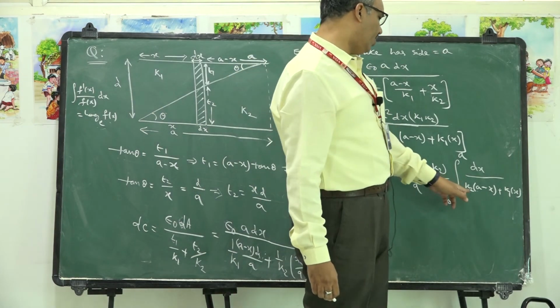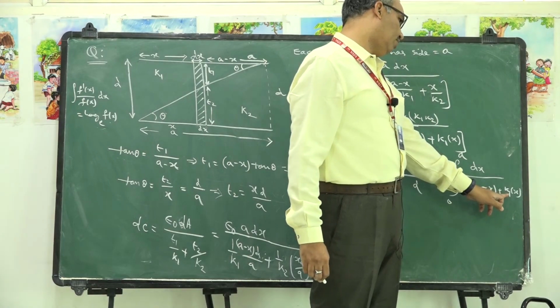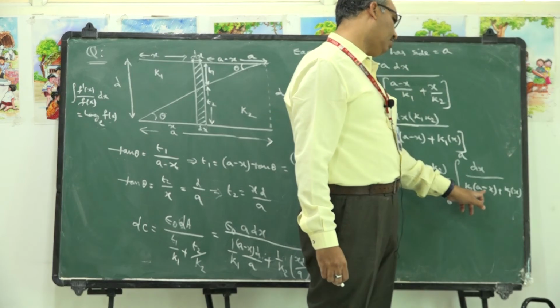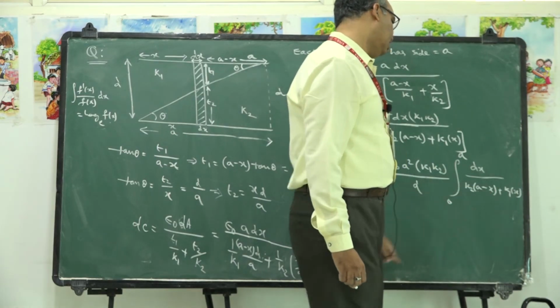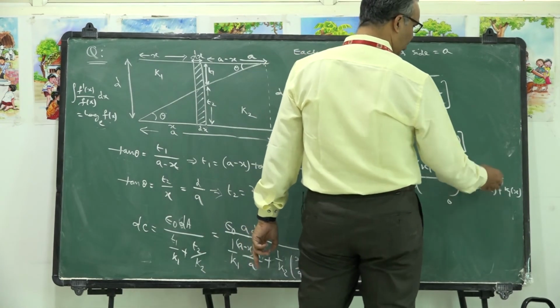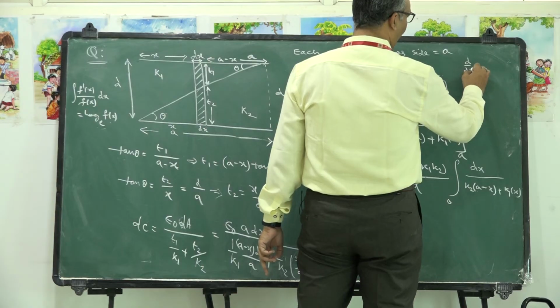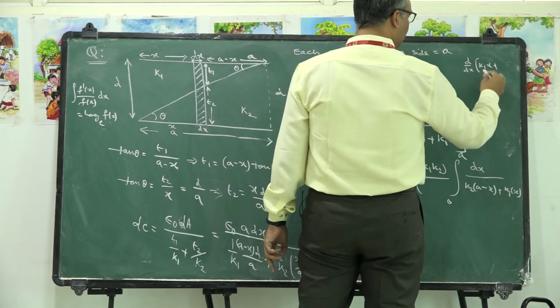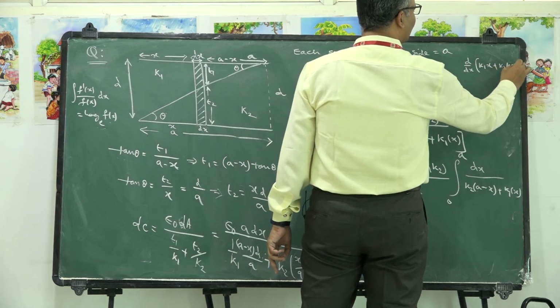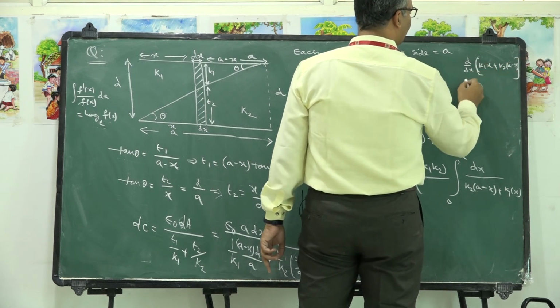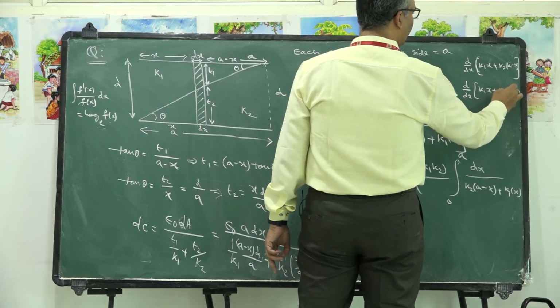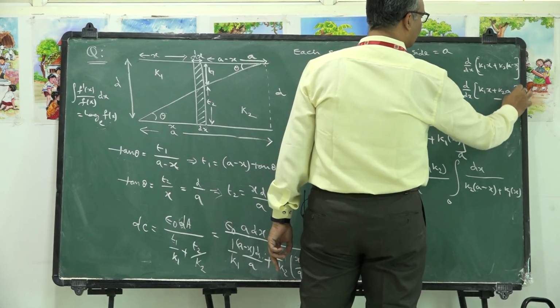If you find the derivative for this, for K1x the derivative is K1; for K2 into (A minus x), if you do the differentiation, what will you get? d by dx of K1x plus K2 into (A minus x), that is K1x plus K2A minus K2x.